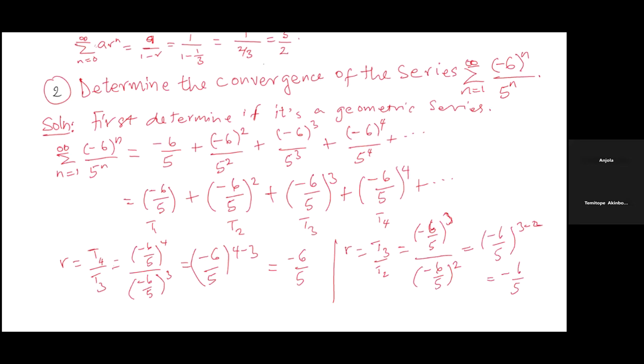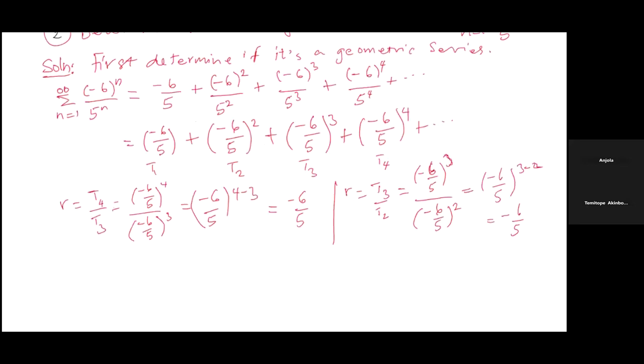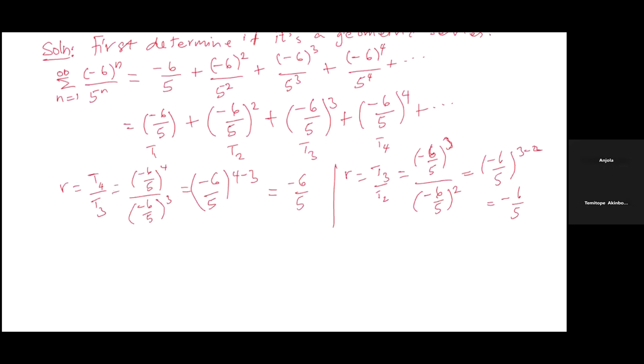So let's now do T2 over T1. That will be minus 6 over 5 squared divided by minus 6 over 5 raised to power 1. So that will be minus 6 over 5.